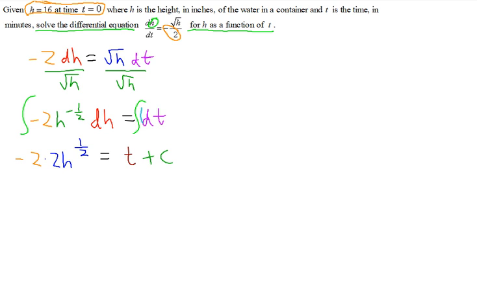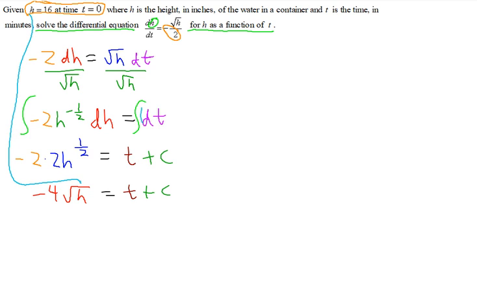If we simplify this a little bit so it's easier to work with, negative 2 times 2 is negative 4, h to the 1/2 is the square root of h, equals t plus c. Now we can use our initial condition. It's just written a little differently. They tell you right here, h equals 16 at time 0.